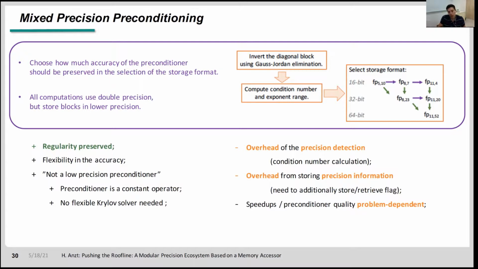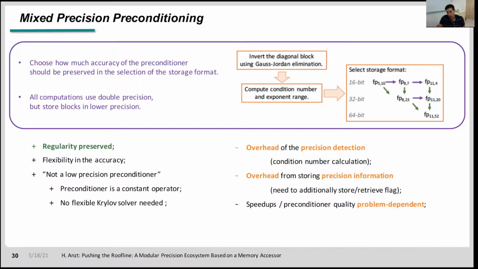Because otherwise, we would not have a constant operator anymore, and we would need a flexible Krylov solver, and that makes everything a little more complicated. But by using the memory accessor and using still high precision in all arithmetic operations, we still have a constant operator.